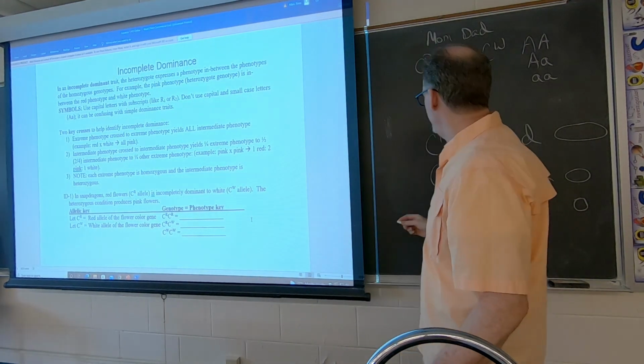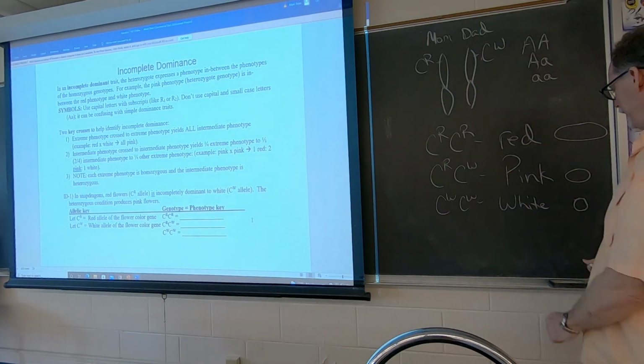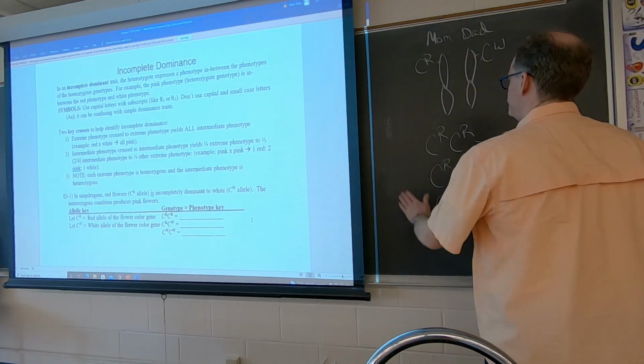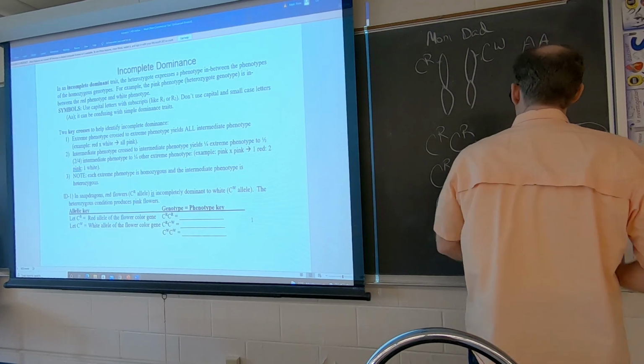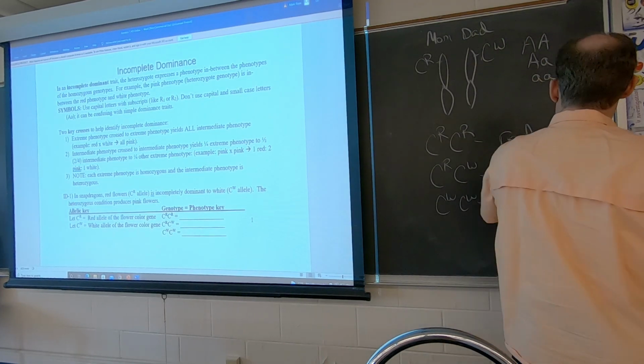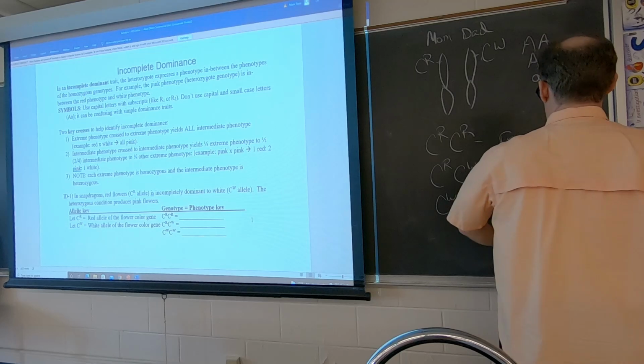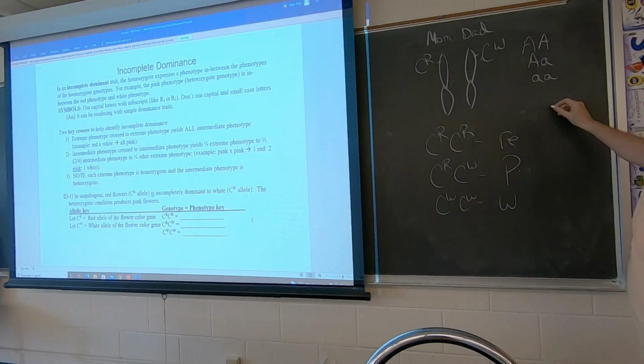But you don't see it in the heterozygous state, because normally when we do the crosses, we start with the homozygotes.